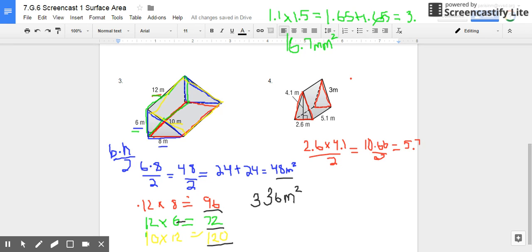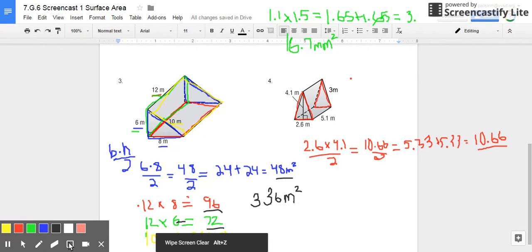But then we have another triangle, so we're going to add that again. So 5 and 33 hundredths plus 5 and 33 hundredths is our 10 and 66 hundredths. Because again, adding another 5.33 is the same thing as multiplying by 2. Okay, next.